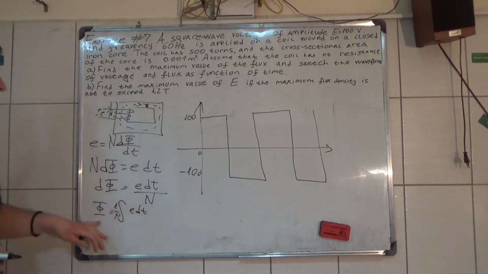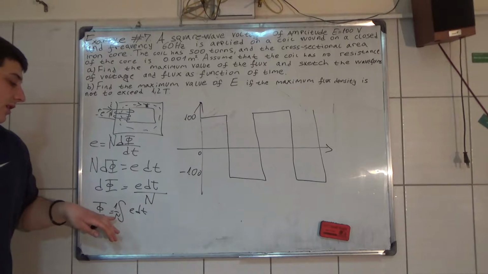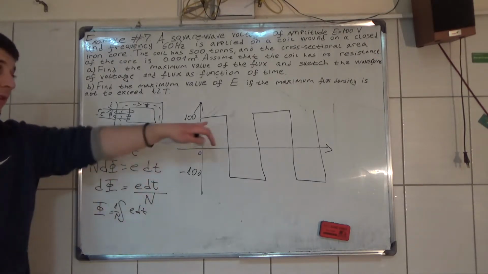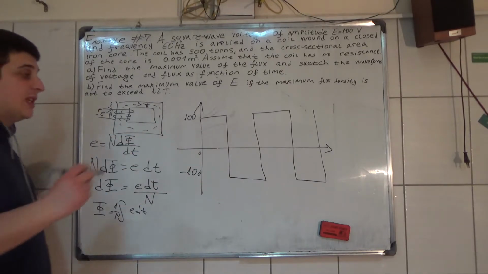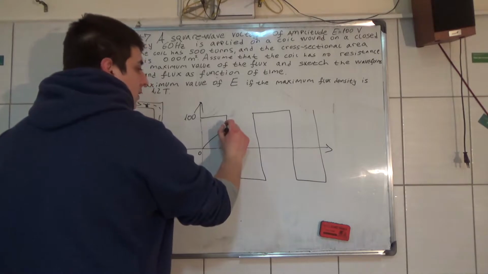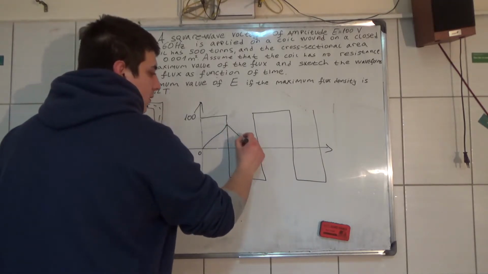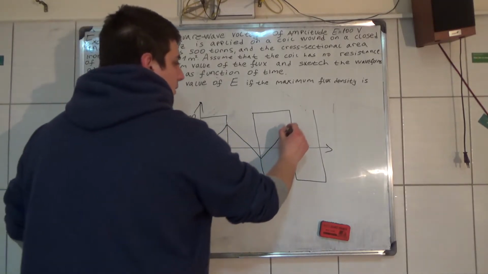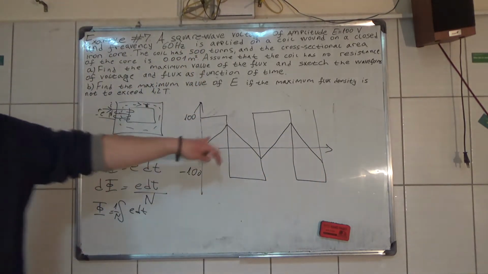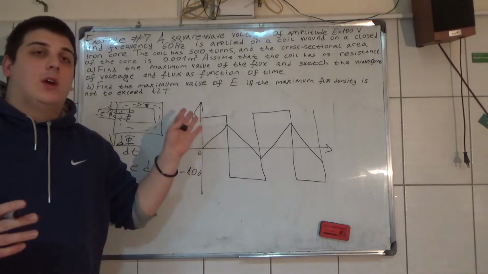Now, here is how the flux is going to change. The integral of a square wave over time is going to look something like this. So this is how the flux is going to change in time.